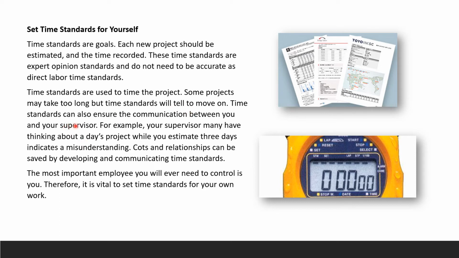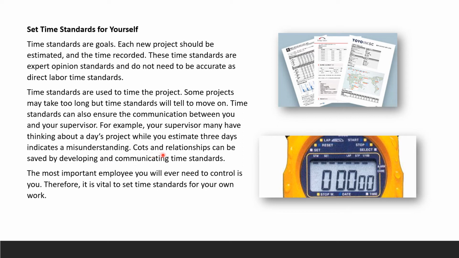Time standards can also ensure the communication between you and your supervisor. Make sure you take your own time standards, and also your supervisor's, so that you can balance with them. For example, your supervisor may be thinking about a day's project while you estimate 3 days. This indicates a misunderstanding between you two.